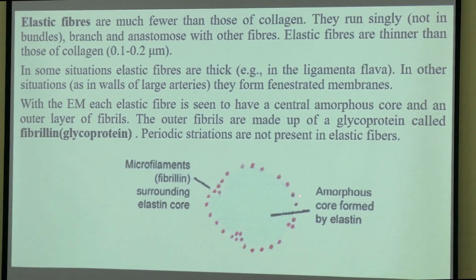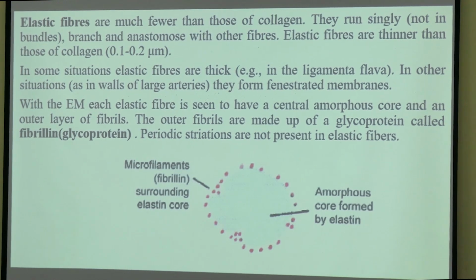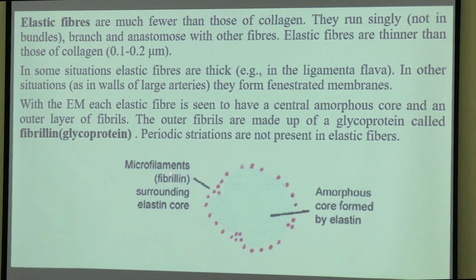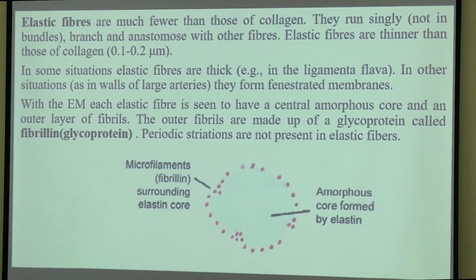Around that, can you see these dot things? These are nothing but the microfilaments. These microfilaments are made up of fibrillin, which is a glycoprotein. So this is the structure of elastic fibers.